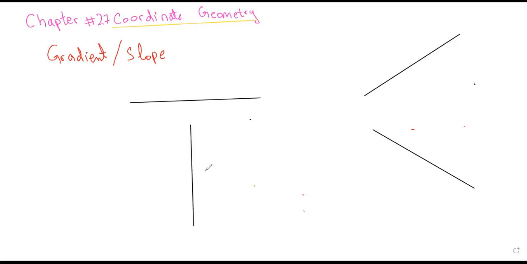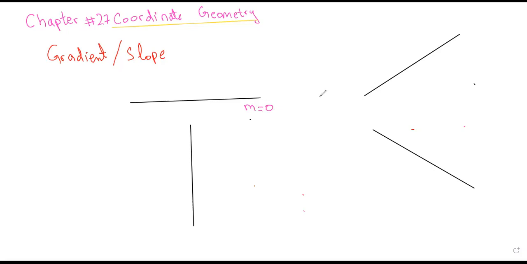Now, obviously, you don't necessarily have to find the slope for all these lines, right? Okay, so for any line that is horizontal, that is parallel to the x-axis, we should know that m equals 0 because it is a horizontal line, right?